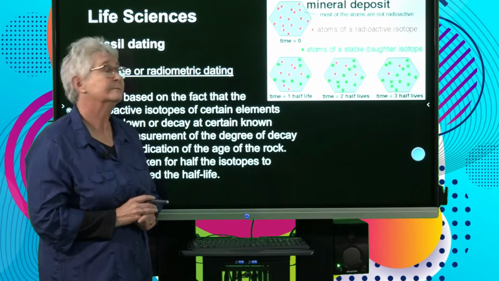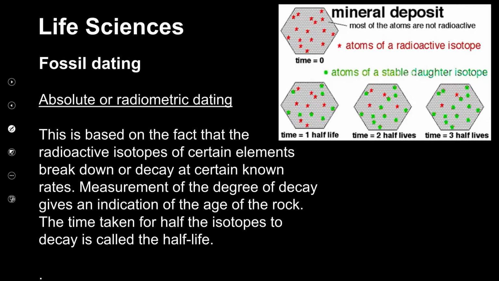First of all, in any minerals of any type, there are some atoms that are radioactive, and those are the ones that are shown here in red. And scientists know what the proportion of radioactive atoms actually are.